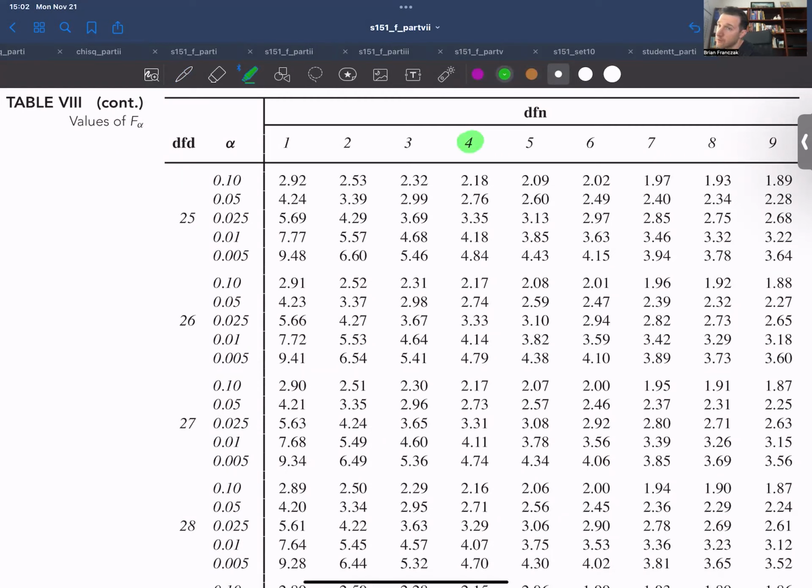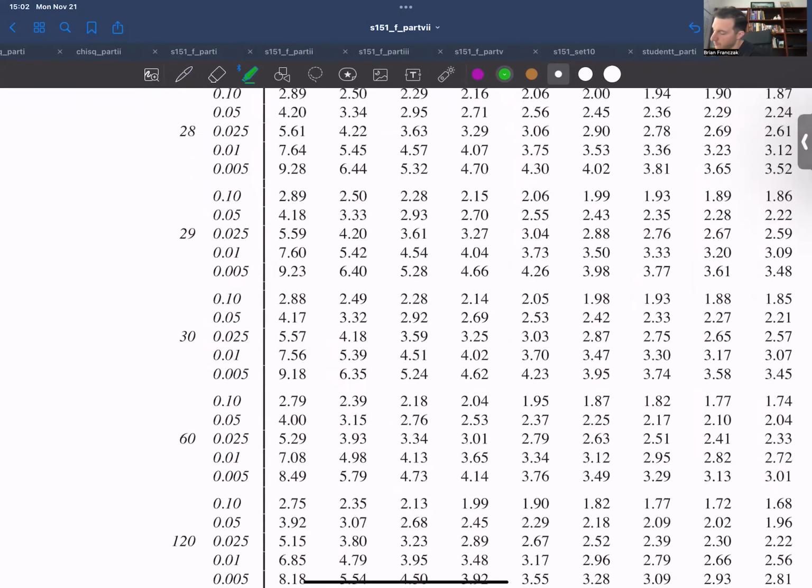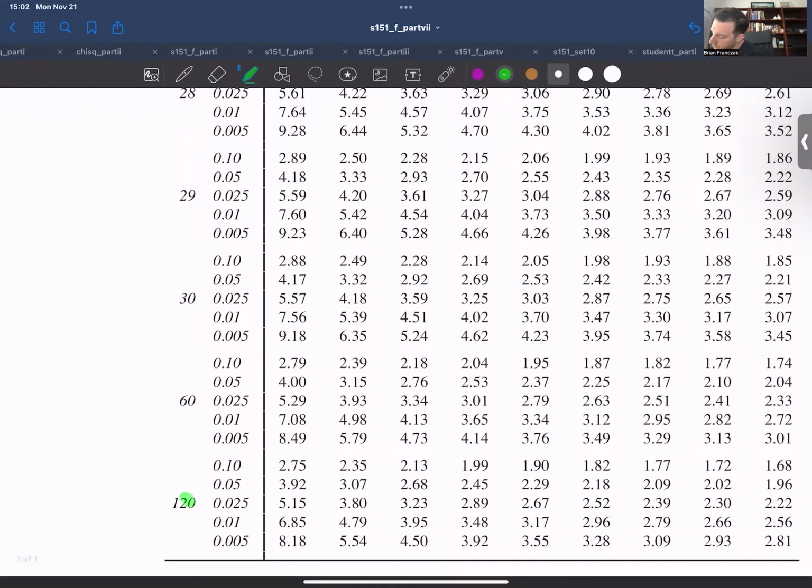And then I have 231 degrees of freedom in the second spot. Now you can see the maximum we can get from an F table is 120. So in this case, we're going to have to use 4 and 120 because we can't go any higher than 120. So now we're going to match 4, 120, and 0.1, and that gives us 1.99. So the critical value for this test is 1.99.